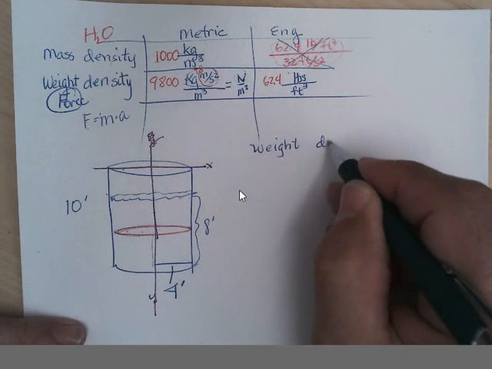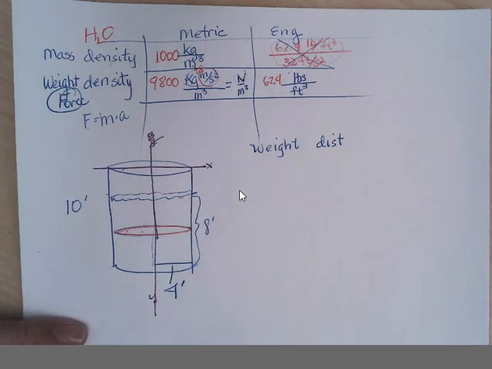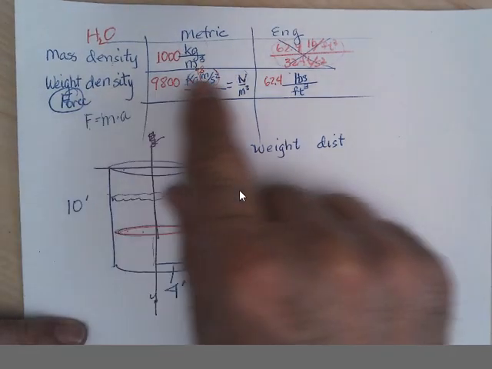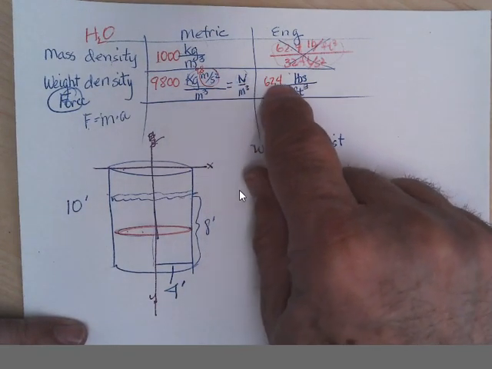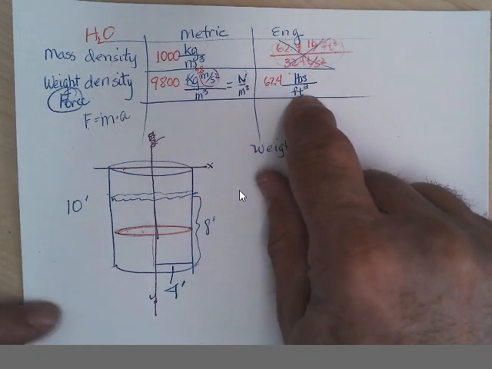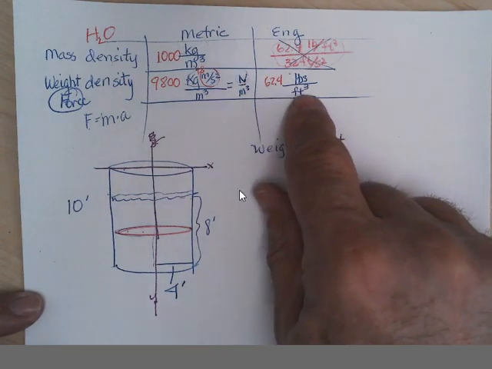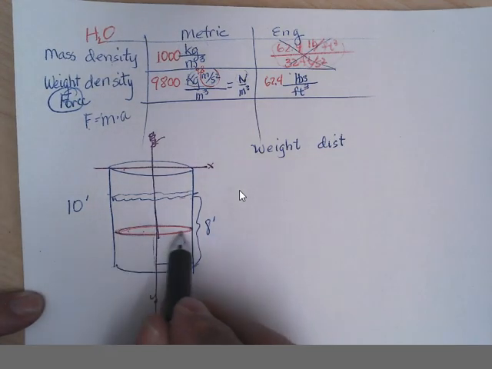All right. Well, if I know the weight density, which in feet is 62.4 for water for every cubic foot, the weight would be 62.4 times the number of cubic feet. Cubic feet is volume, so I need to know the volume of this disk.